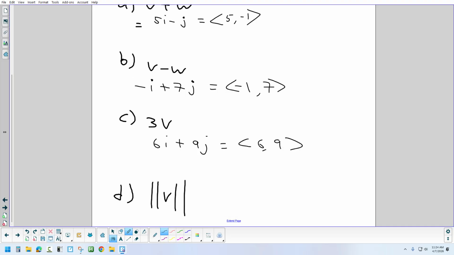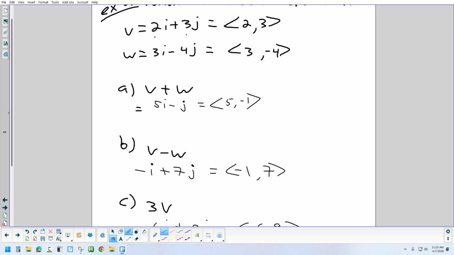And the last one, magnitude of v. Before we write the final answer, I want to make sure we write down the formula with the numbers in our vector filled in. So we've got the vector 2, 3.